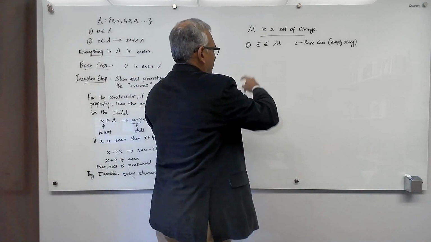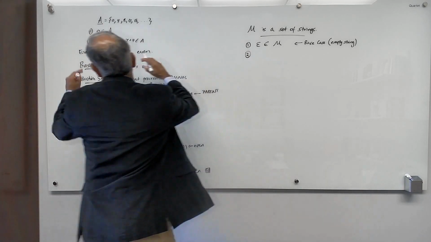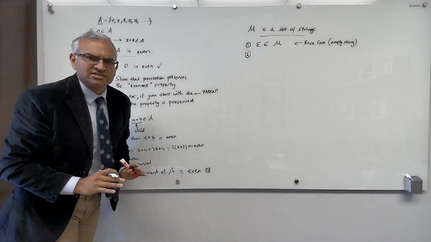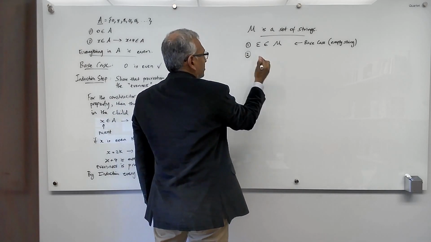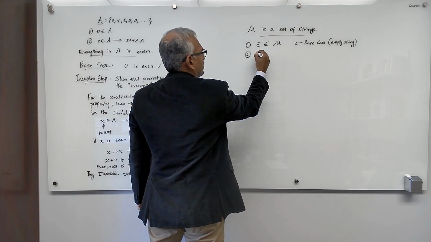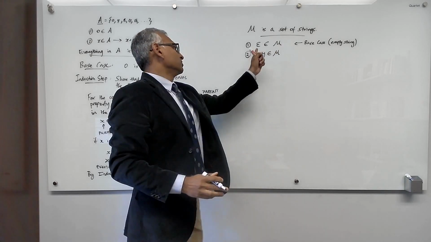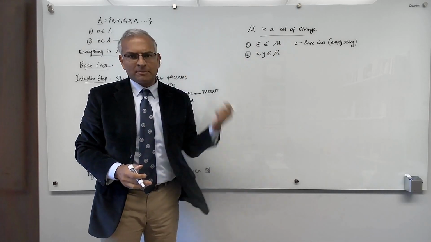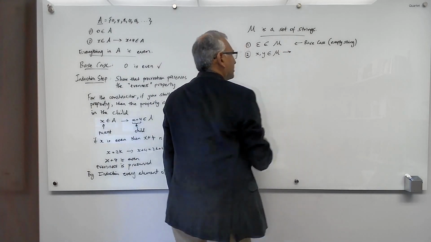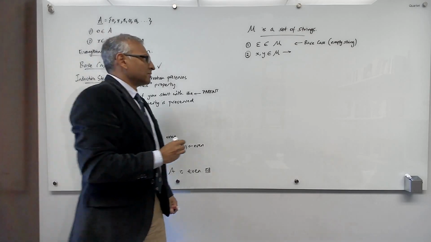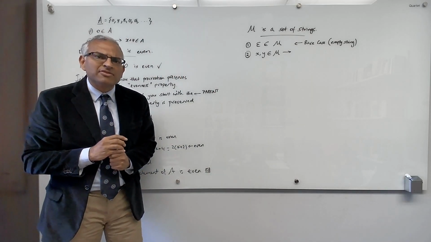Now, how do I get strings that are in M? From strings that are known to be in M. So the constructor. Remember, we always have the third rule that nothing else is there, the minimality clause. If X and Y are in M, so at the moment we only know that epsilon is in M, so X and Y are both epsilon. But if X and Y are in M, then, now this is interesting, I'm going to create strings of parentheses.